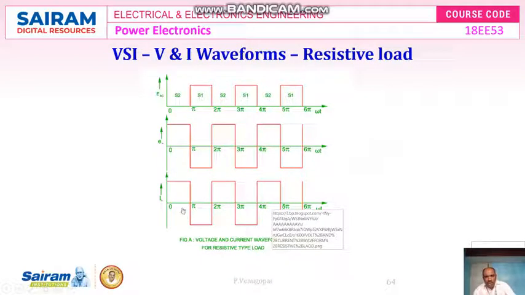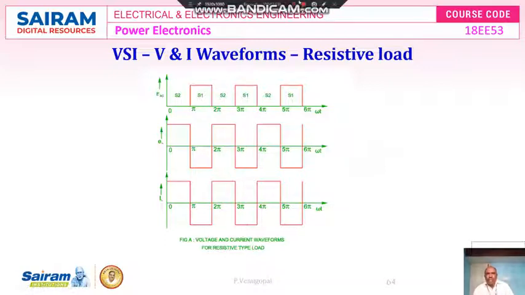Since the load voltage is proportional to load current, for the time duration 0 to pi the current flows in the same direction. This is Vm by RL, the current flowing to the load. So this is the waveform for the voltage source inverter with respect to the resistive load.